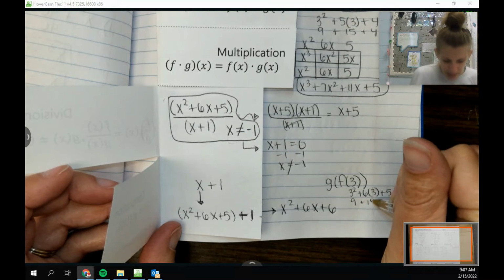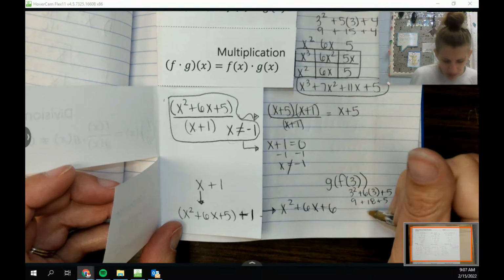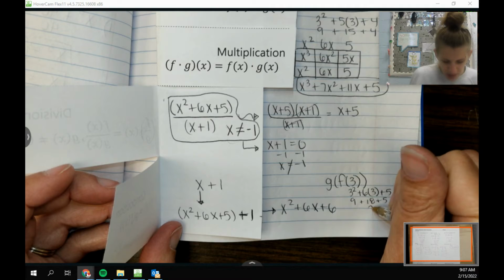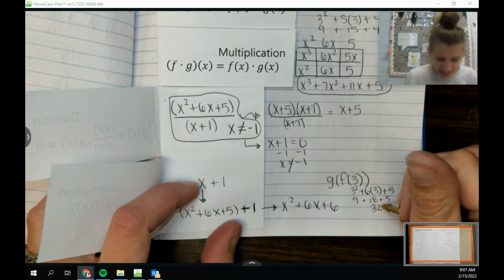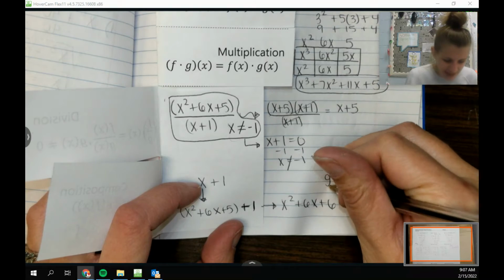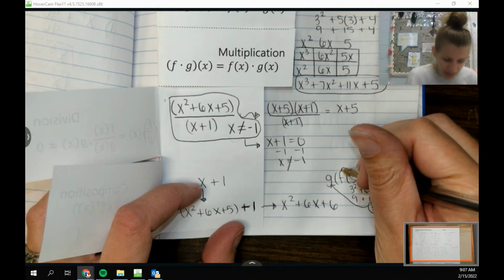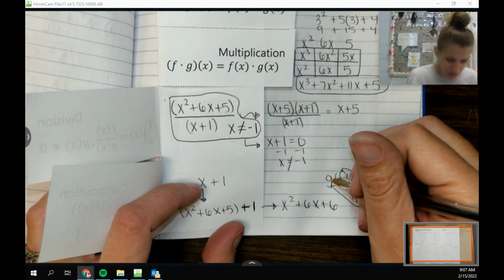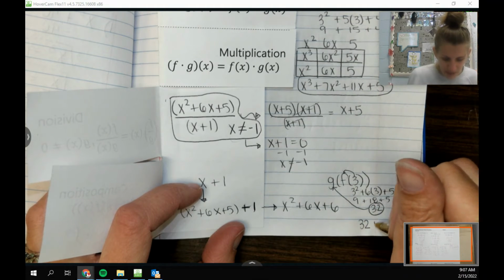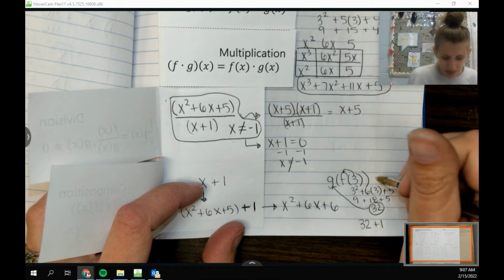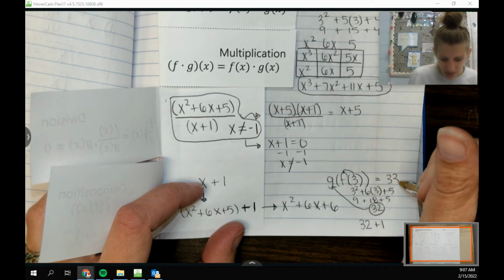So 9 plus 18 plus 5 is 32. Then 32 needs to go into the g function. So this went in here, and then my answer goes into g. And g is my input plus 1. So overall, this equals 33.